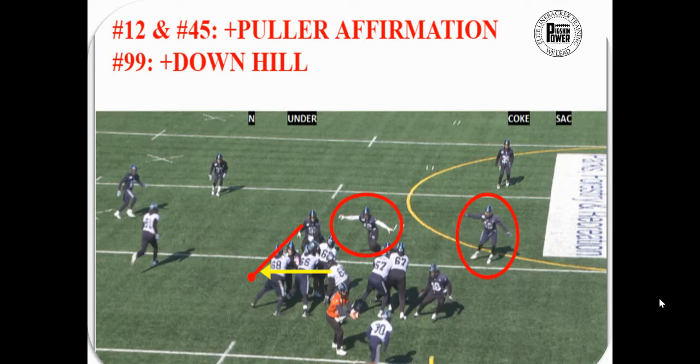So either I'm going to be putting a conflict of an RPO, or we've got a run here. Now, how do I know if they saw the pull? We see the puller down at the bottom, so we're most likely getting counter action. And if it's not counter, it's going to be some type of a boot. So this is a 3 linebacker defense here. And you can see the linebacker to the left is 99. He sees it. He's going to scrape downhill, nice and tight.